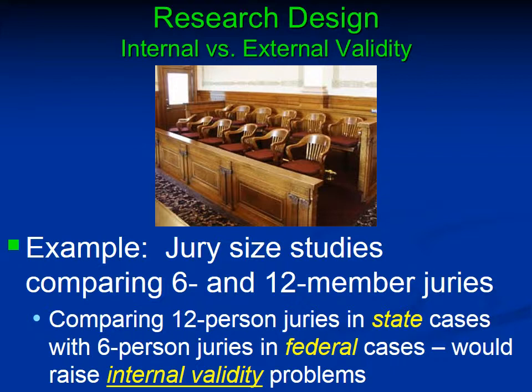So our results here in this study are going to be suspect right off the bat, just within the four corners of the study, just on its own terms, and that's before we even try to make more general statements using our data.